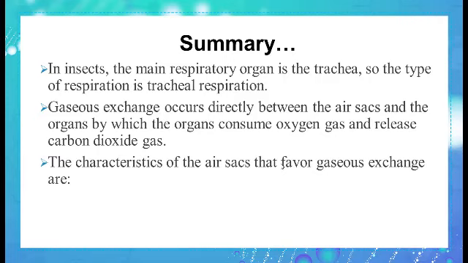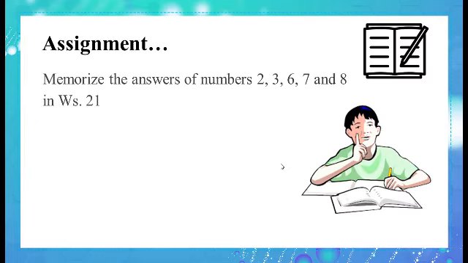The characteristics of the air sacs that favor gases exchange are a large number of air sacs and thin walls. As an assignment, memorize the answers of numbers 2, 3, 6, 7, and 8 in worksheet 21.